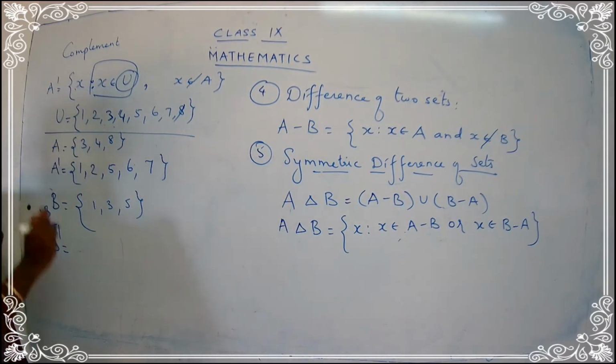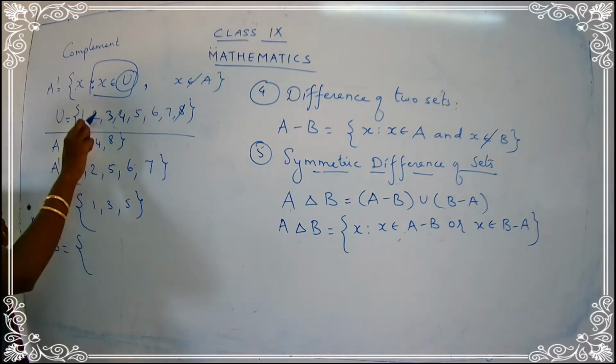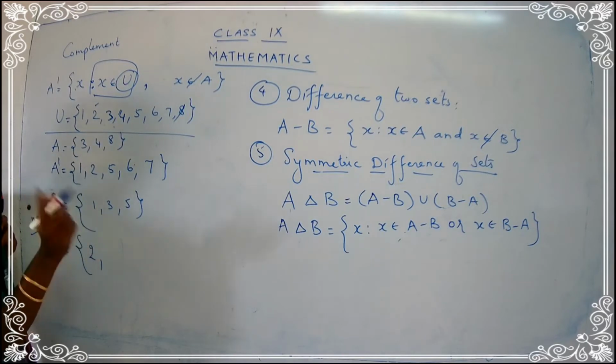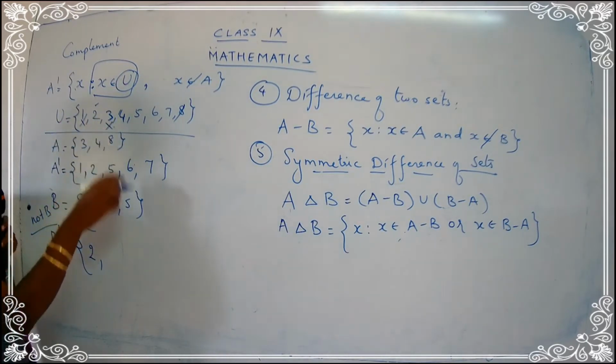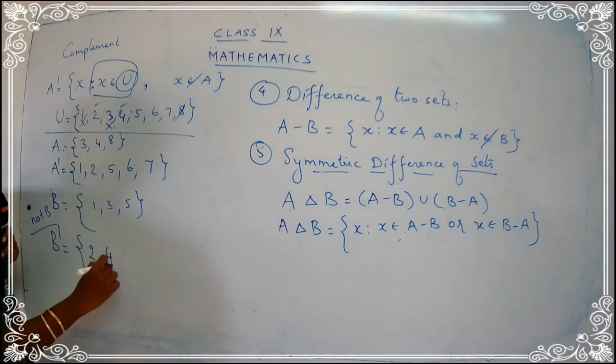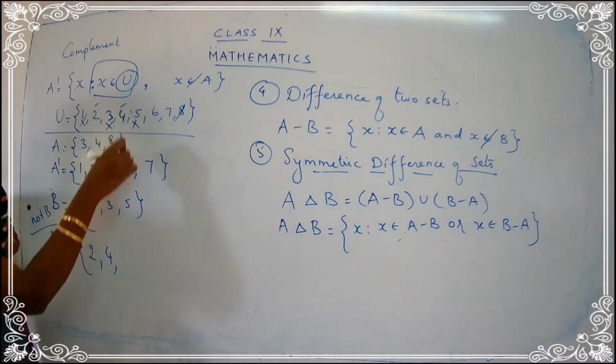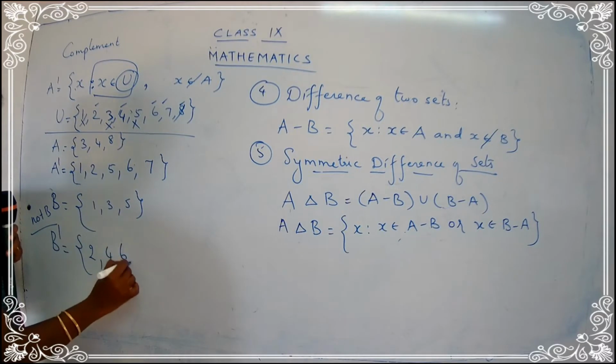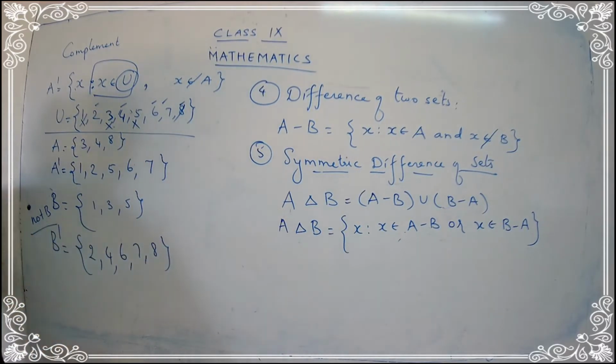I don't want 1, so I am going to take 2. 3 I don't want. 4 I can take. I don't want 5. 6 can be taken. 7 can be taken. 8 can be taken. Are you clear? So what is B dash? 2, 4, 6, 7, 8.